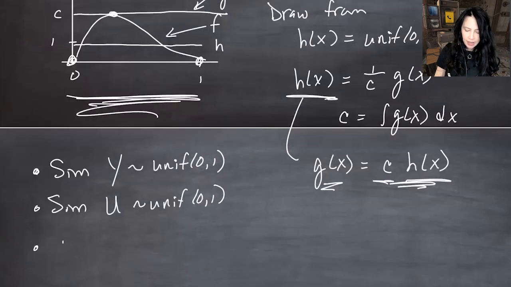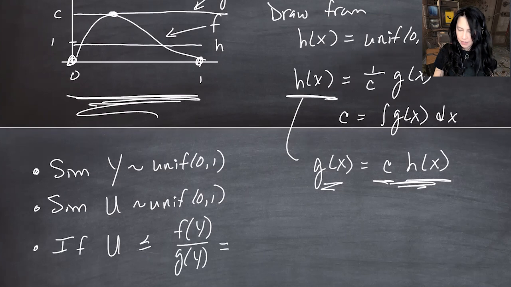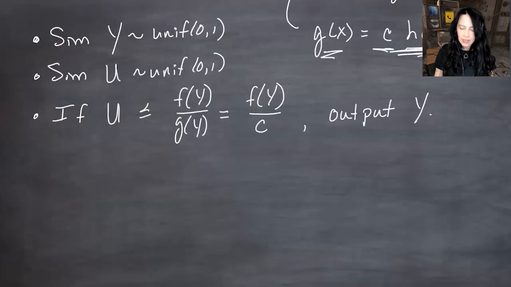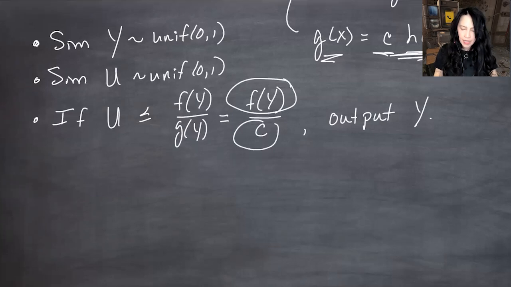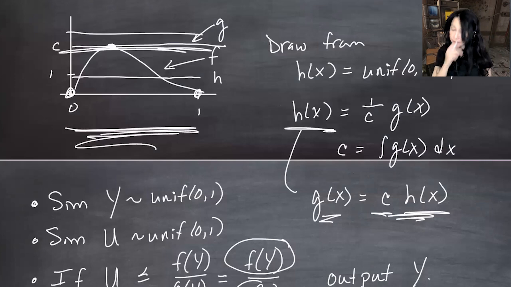And number 3, if u is less than or equal to f of y over g of y, but g is this c, so f of y over c, then you output or accept the value y. And so the f function you are given, and the c you could find, or you can go a little bit above it by eyeballing it.